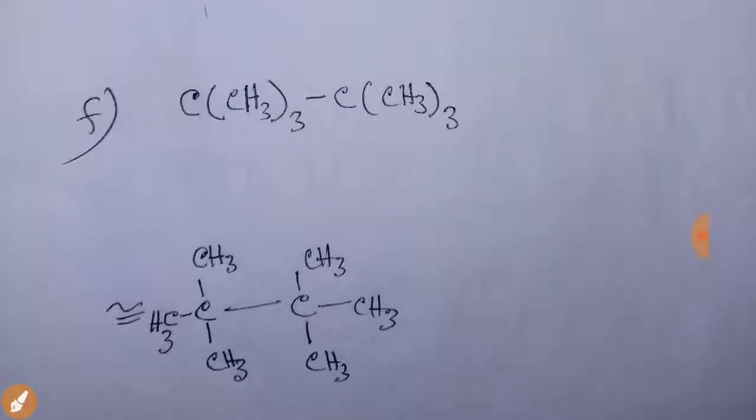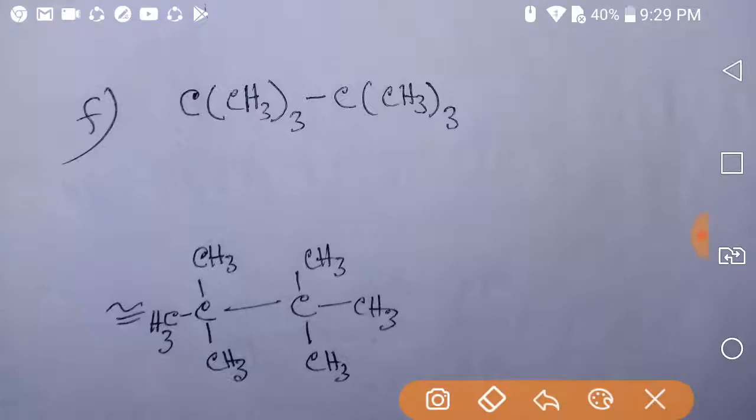So now we'll name this compound. This carbon has 3 methyl groups, 1, 2, 3, and this carbon also has 3 methyls, 1, 2, 3. Now we have to find the longest chain with the highest number of branches, but the positions of the branches should be the lowest.